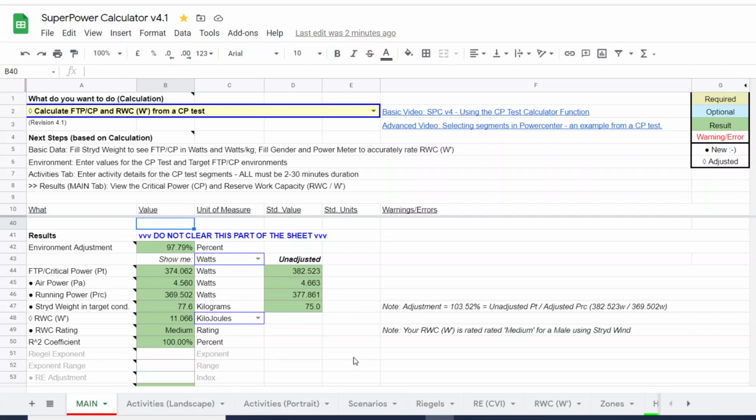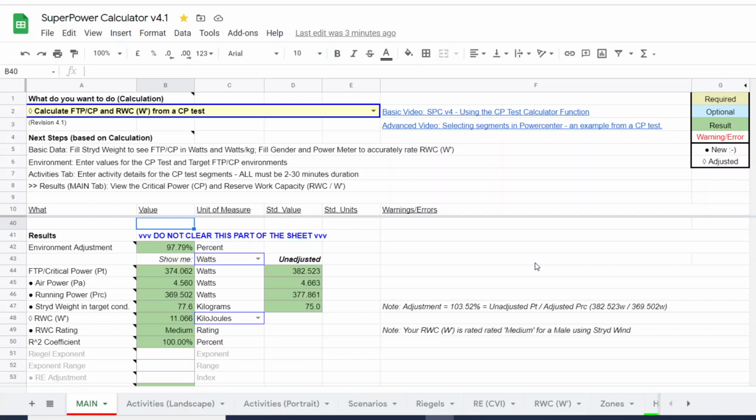So kudos to Steve on this little nuance, this extra little piece on the calculator. It makes things much easier for runners to have an outdoor FTP CP that they run at with one weight setting, and then use that same FTP CP on a treadmill corrected to this higher weight setting.